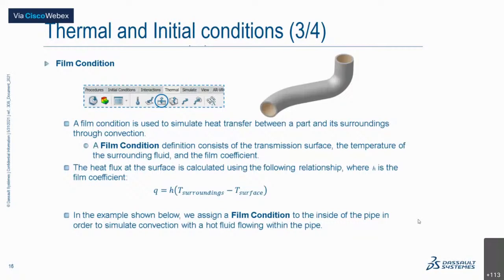The formula that it uses to calculate the film condition is Q = h × (T_surroundings − T_surface). In the example which you see here, the inner surface of the given pipe is given a film condition type of thermal condition, wherein the heat transfer through the pipe can be simulated.